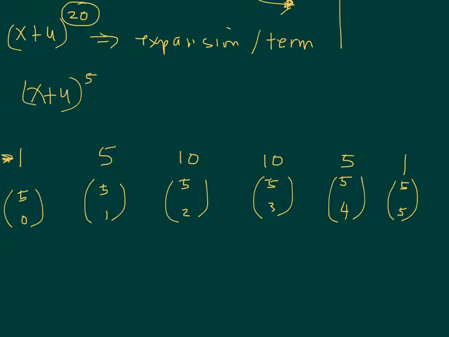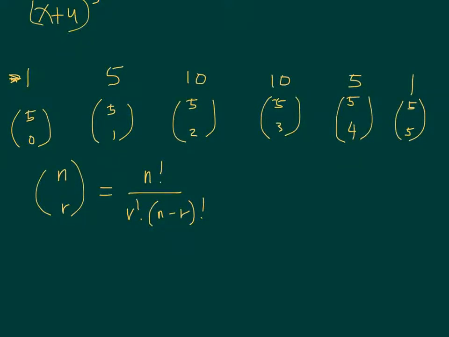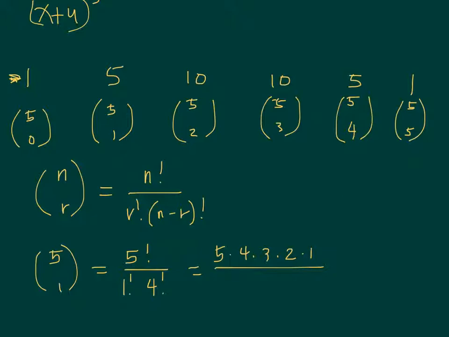Okay, in general, just a recap, the combination of n and any r is equal to n factorial over r factorial times n minus r factorial. Okay, it seems a bit complex to see a lot of letters in the formula, but just to give you an example on how to get 5 combination 1: it's 5 factorial over 1 factorial, and then 5 minus 1 factorial is 4 factorial, and this will be 5 times 4 times 3 times 2 times 1 over 1 factorial, which is 1, and then 4 factorial is 4 times 3 times 2 times 1.